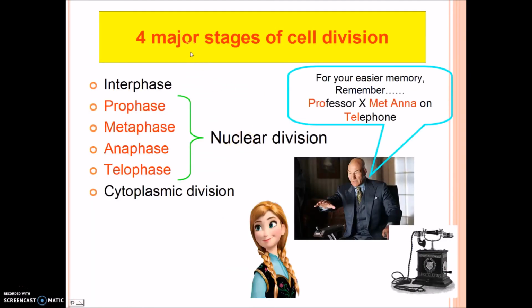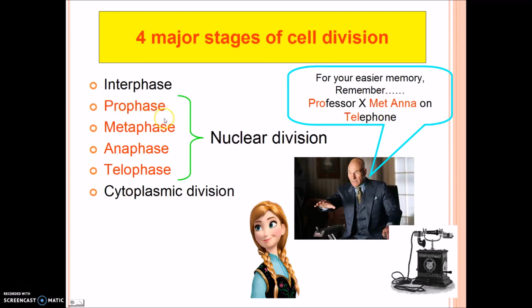And for the last part, I would like to remind you of the 4 major stages of the nuclear division in the cell cycle, especially the prophase, metaphase, anaphase, and telophase. Remember, Professor X met Anna on telephone.